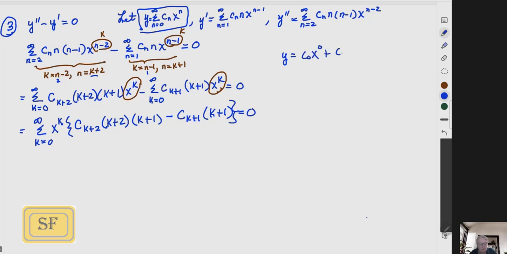When n is 1, we get c1, x to the 1. When n is 2, we get c2, x squared, and so forth. These c's are defined by everything that I have inside braces here.